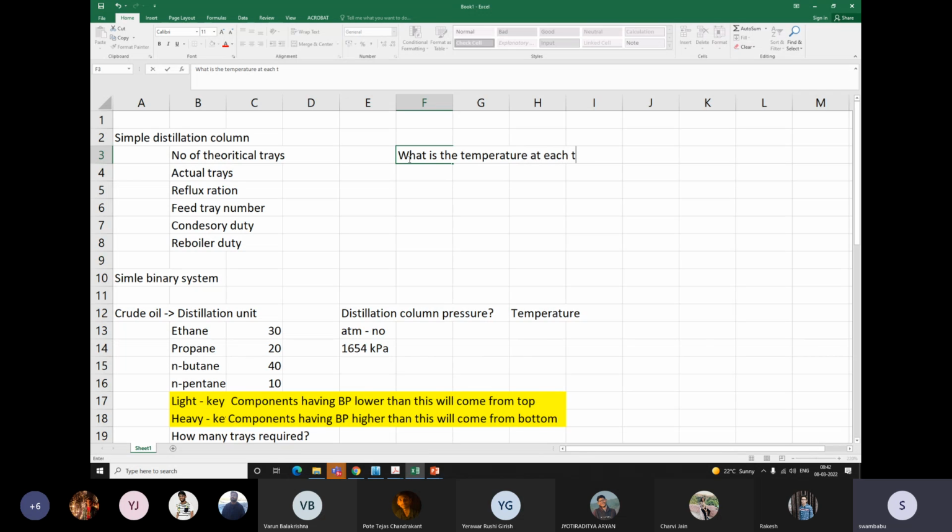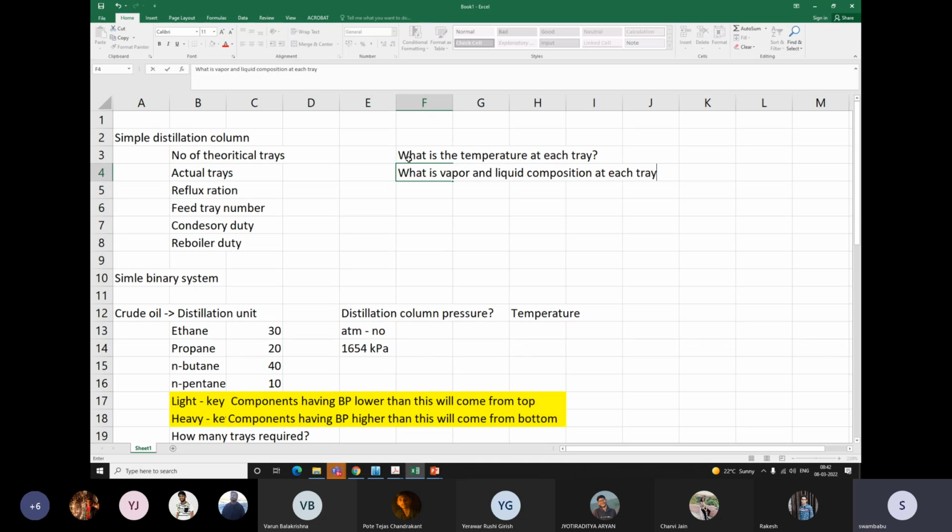Let's say if you wanted to know what is the temperature at each tray, and what is the vapor and liquid composition at each tray, and the pressure at each tray, we cannot get it from this simple distillation column.